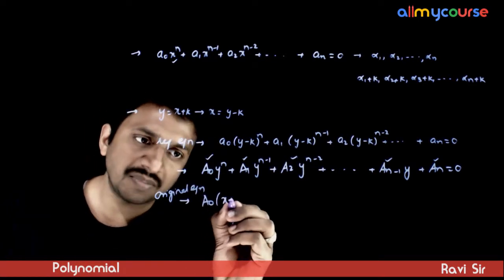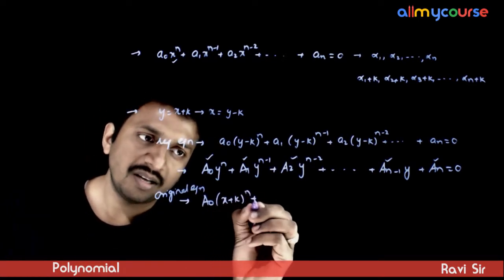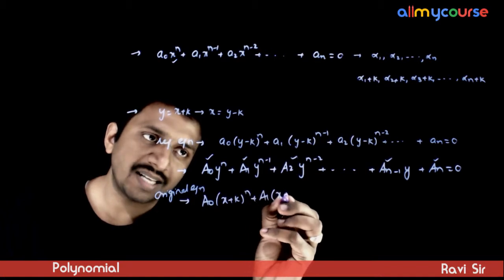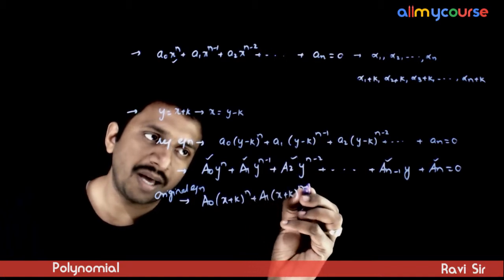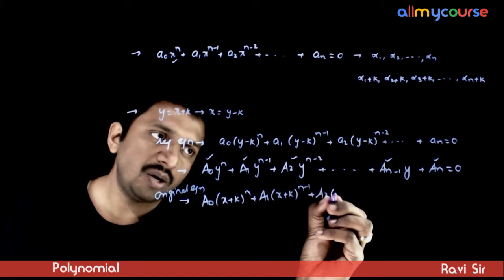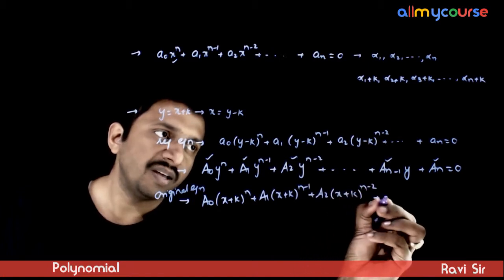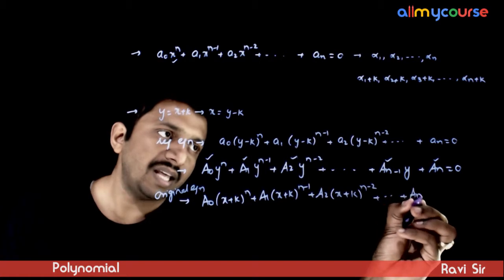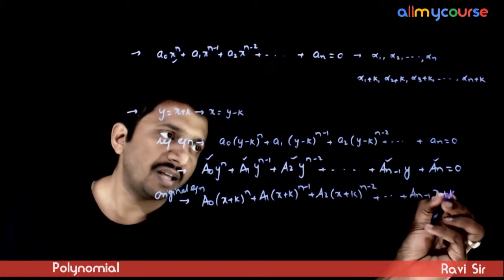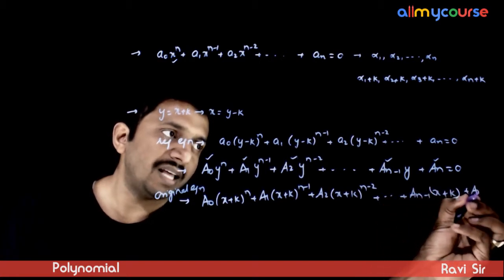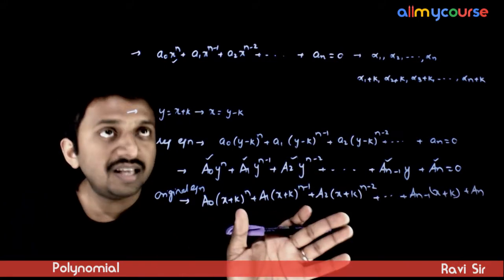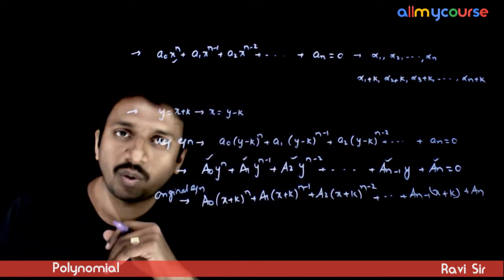So a0 times (x plus k) power n plus a1 times (x plus k) power n minus 1 plus a2 times (x plus k) power n minus 2 plus so on plus an minus 1 times (x plus k) plus an. This is exactly the same as the original equation.